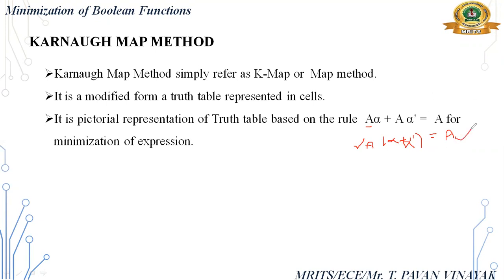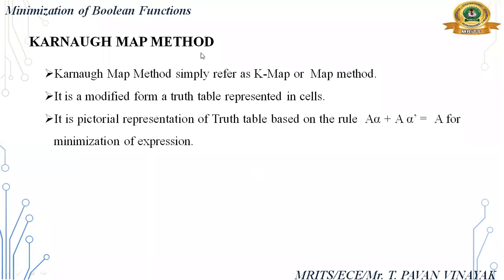And then draw the K-map based on the given variables. If I am given one variable, we have two cells. How many truth table combinations are possible? Cells are also the same. So n variables means 2 power n.